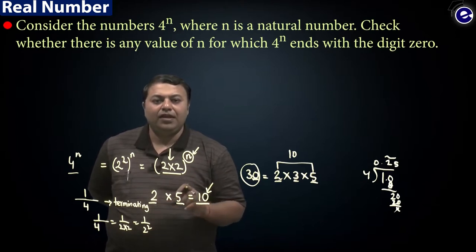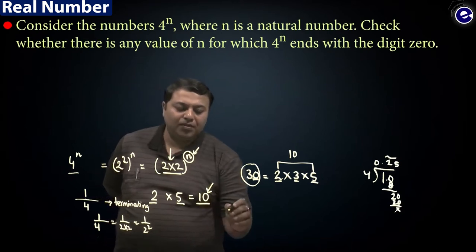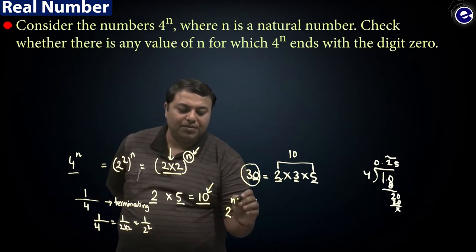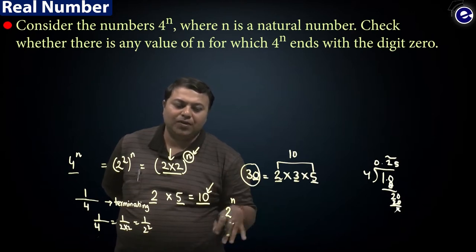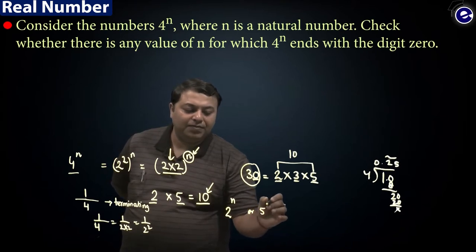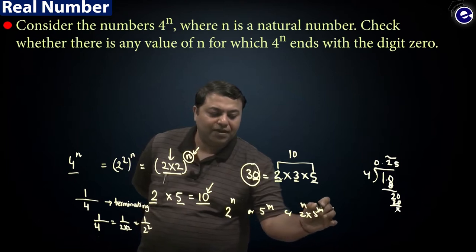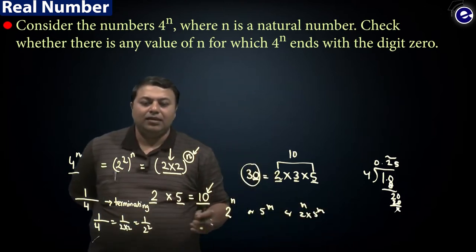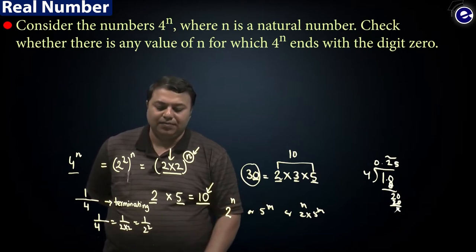So if in the denominator you have only 2 to the power n, any natural number, only 2's as prime factors, or only 5's, or a product of 2 and 5 as prime factors in the simplest form, then only is it going to be a terminating decimal.